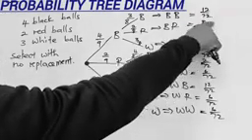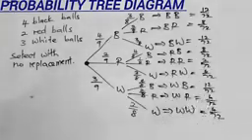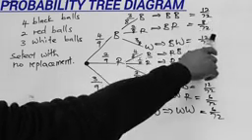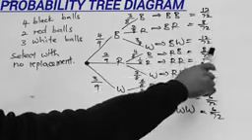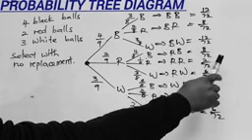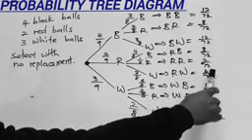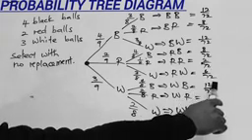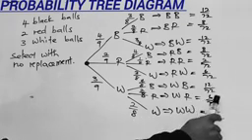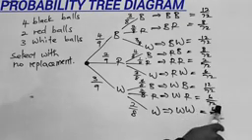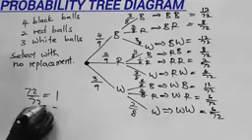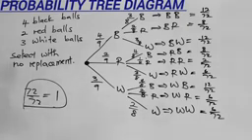We are adding the numerators since the denominator is the same. 12 plus 8 we get 20, 20 plus 12 we get 32, 32 plus 8 we get 40, 40 plus 2 is 42, plus 6 is 48, 48 plus 12 gives us 60, then 60 plus 6 is 66, plus 6 is 72. So 72/72, which is equal to 1. This means our tree diagram and our probabilities are correct.